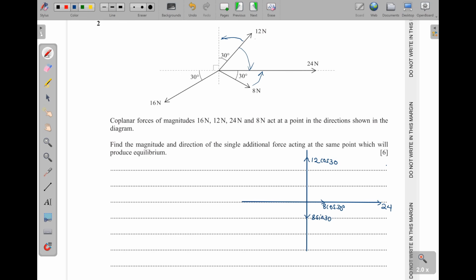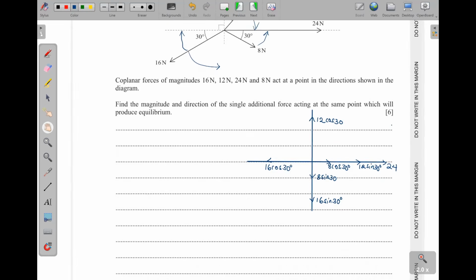Then bring it down here, open it up, this will be 12 sine 30. See that? Then close this one here, you will have 16 cos 30, then open it up here, then it will be 16 sine 30. So those will be our forces.